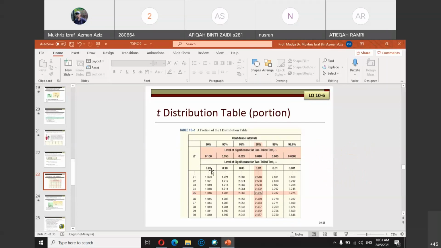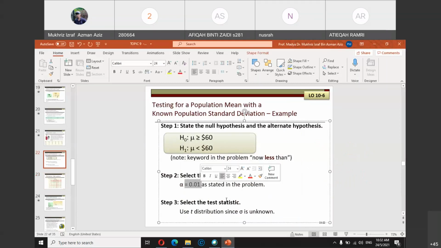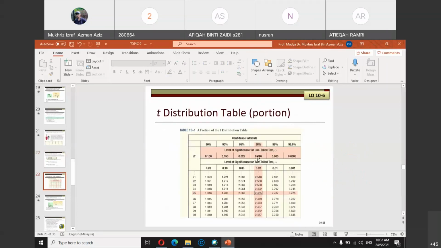So in this example, your test will be a one tail test, and your alpha given in the question is 1% or 0.01. So you refer to 0.01 inside the one tail test. Do not refer to 0.01 in the two tail test. You can see that it is a different value.